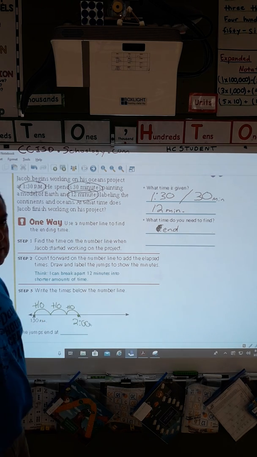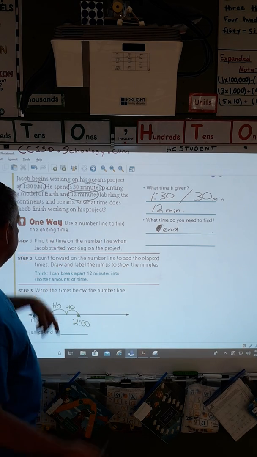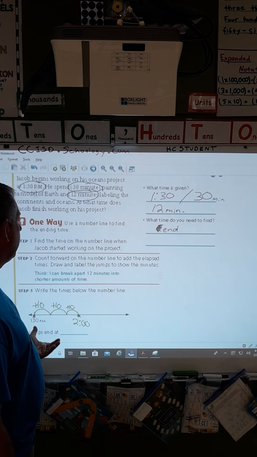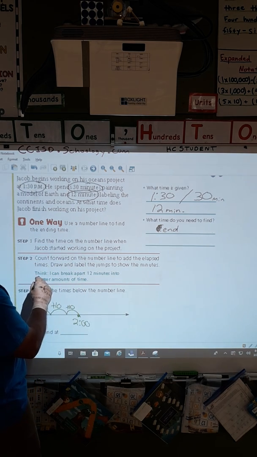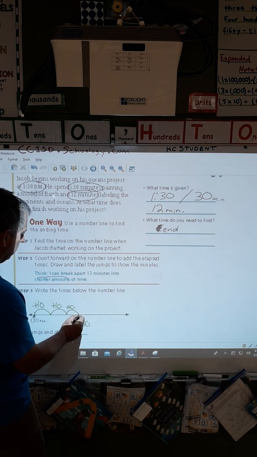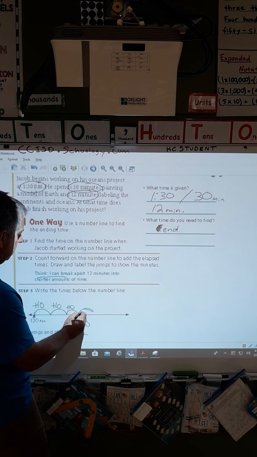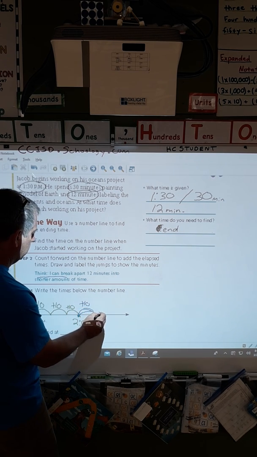Okay, the next thing we're going to look at is the labeling, and it talks something about ocean there, so I'll make it blue. And that was 12 minutes. So I'm going to break 12 apart. It says something right here about breaking 12 minutes apart. We'll break that into 1 jump of 10, and then 2 ones.